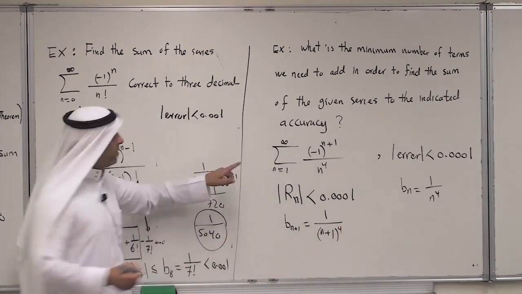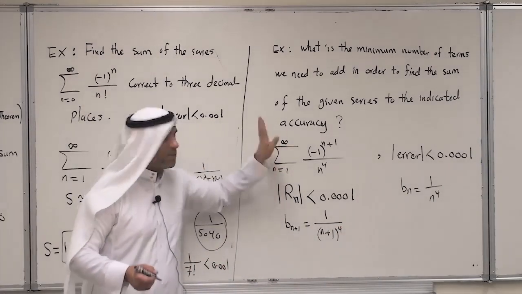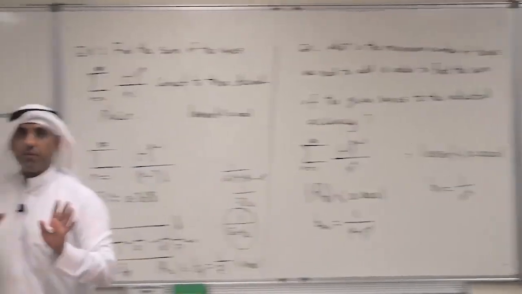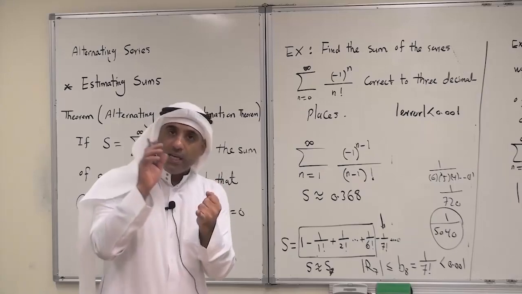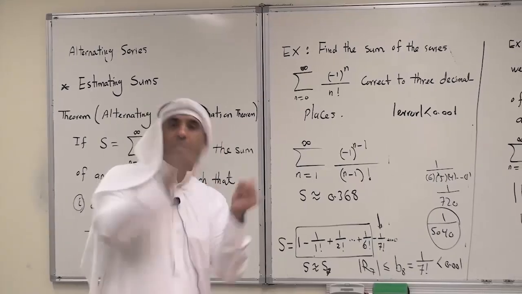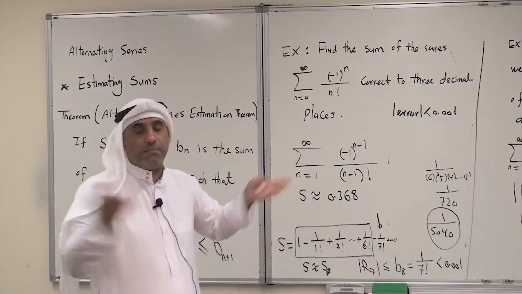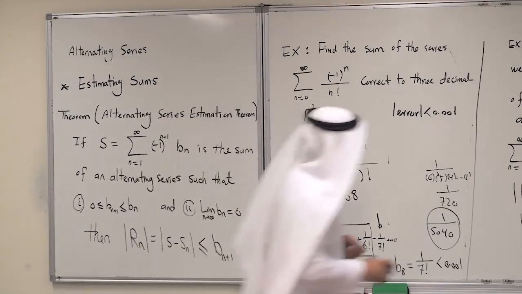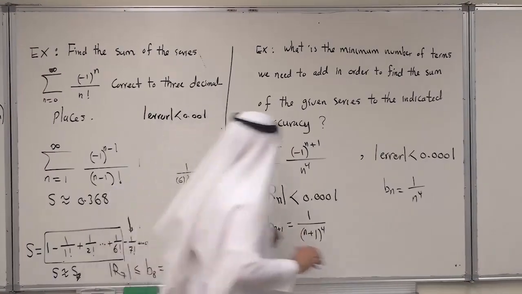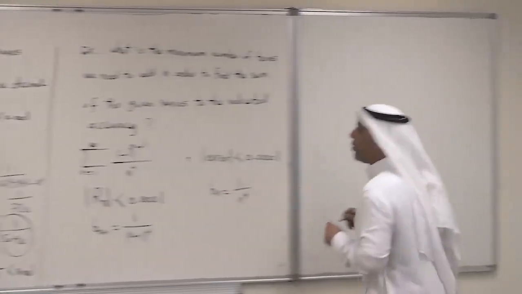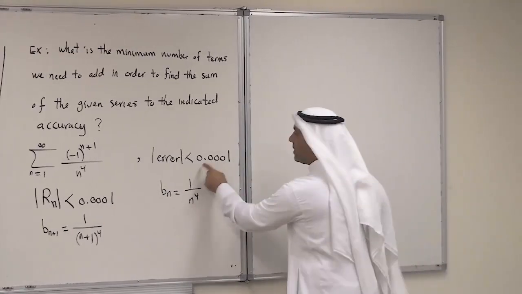First, we need to observe that this is a convergent series. I leave it for you to confirm that. It is a series with a decreasing sequence, and the limit goes to 0, which is simple to show. We have Bn plus 1 equal to 1 over n plus 1 to the power 4. We need our error to be less than 0.001.